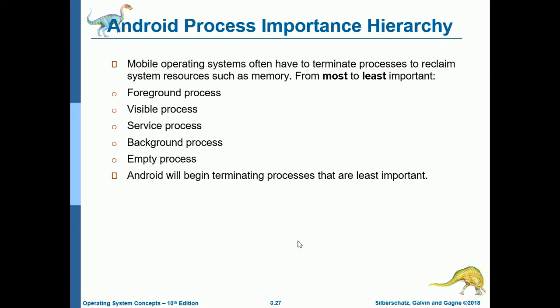From most to least important, we have foreground process, visible process, service process, background process, and empty process, and Android will begin terminating processes that are least important. Why is the foreground process the most important? Because this is seen by the user of the phone, of course.